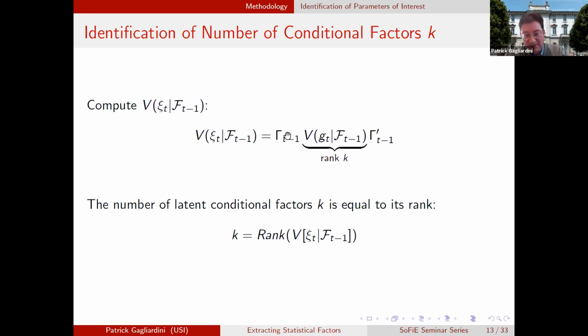And moreover, I noticed that the columns of this matrix gamma t minus 1 are spanned by the eigenvectors of this conditional variance matrix associated to the non-zero eigenvalues.